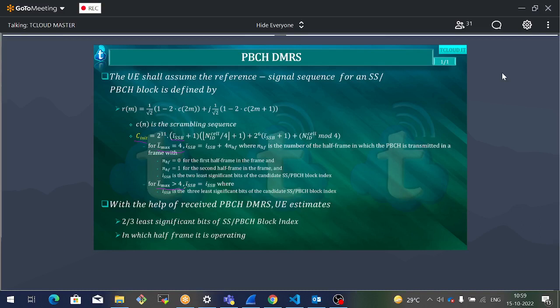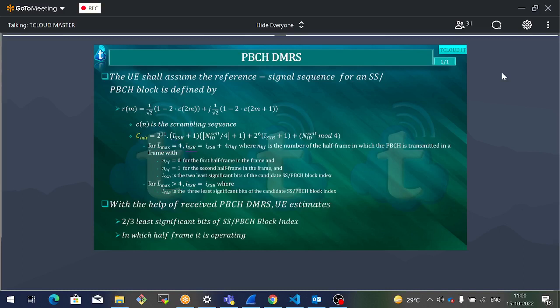For different configurations, different things are there. So they are keeping that number of times you are placing this SSB block. Based on that, they are identifying this I bar SSB value. Actually, it is I bar, but it is being shown as L.